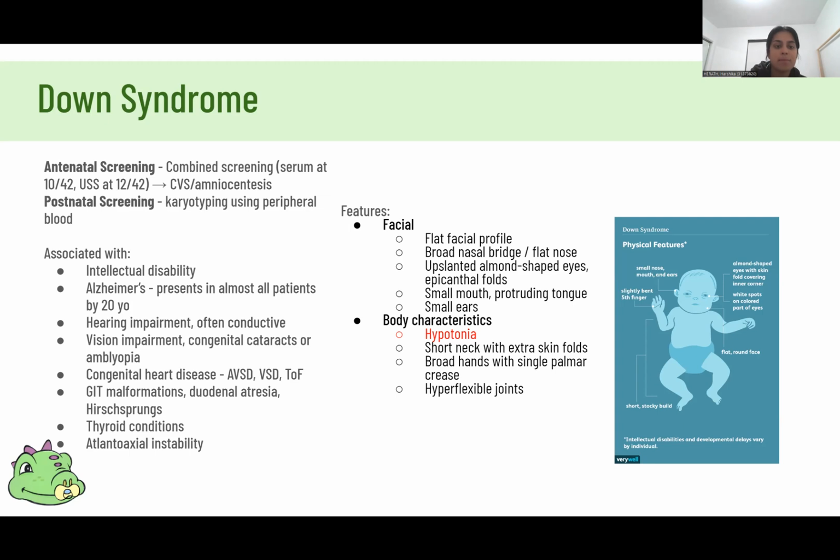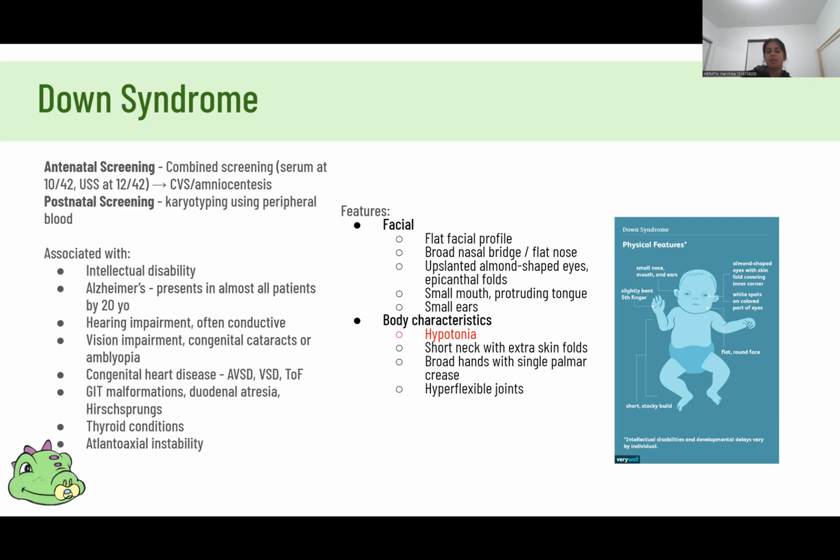Down syndrome can be associated with intellectual disabilities and the onset of Alzheimer's. That's an important link to remember, the link between Down syndrome and Alzheimer's. That usually presents in almost all patients by the time they're 20 years old. Also hearing impairment, vision impairment, and particularly AVSD in terms of congenital heart defects, and also GI malformations.